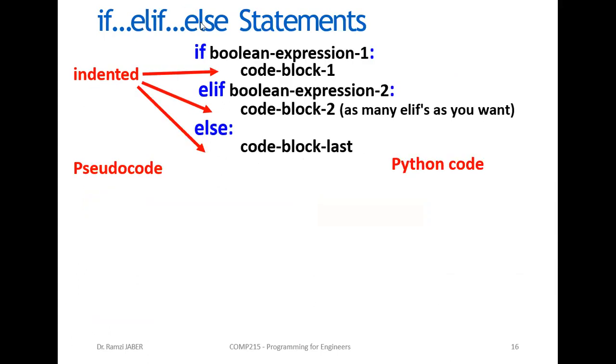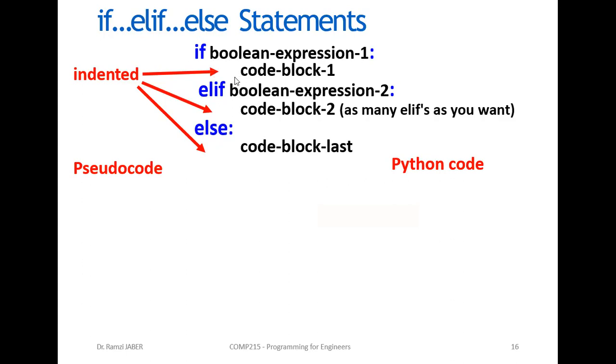Now, if you have nested if else, we have if, elif, and terminated by else. So: if Boolean expression 1, colon, or condition, code block 1, tab.